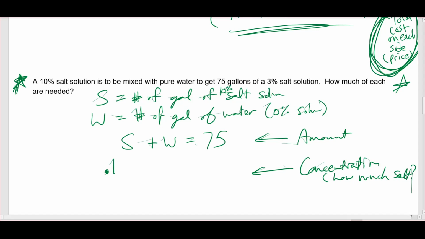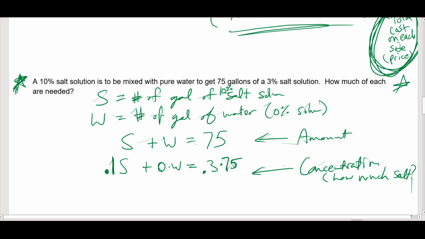So we can put 0.1 S. That's going to give us the amount of salt in the salt solution, right? 10% of whatever the gallon amount is going to be just salt. Well, our water has no salt in it. So we've got 0 times W. And then on our right-hand side, we want 75 gallons of a 3% solution. So we've got 0.03 times 75.